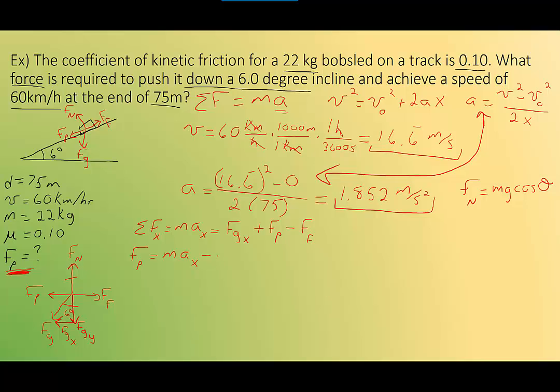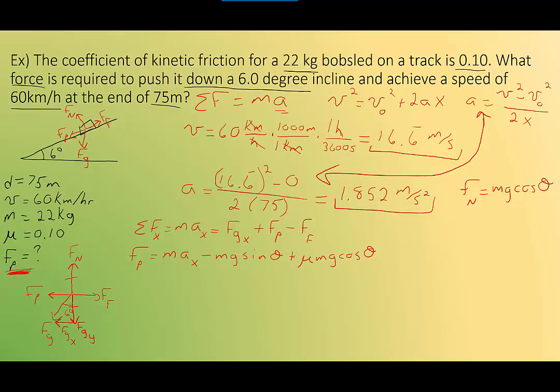Remember, FGx is mg sine theta plus force of friction. Remember, force of friction is mu F sub n, so mu mg cosine theta.